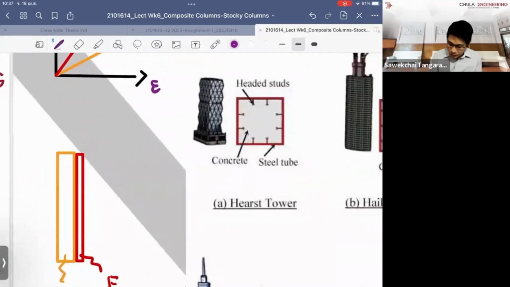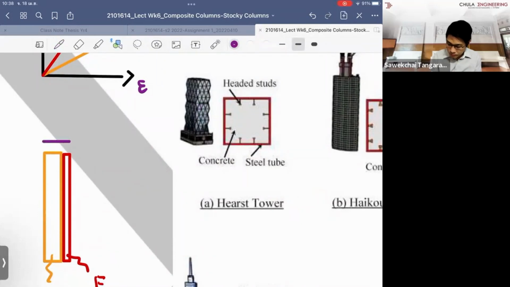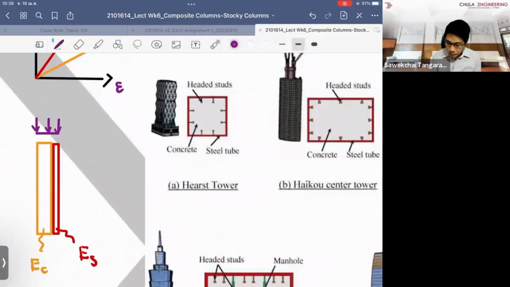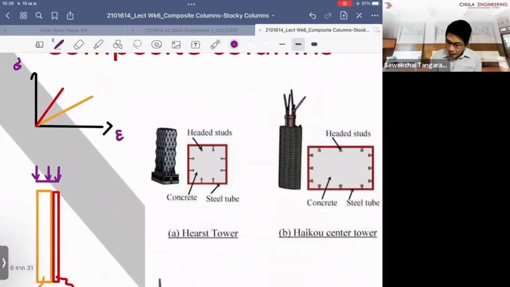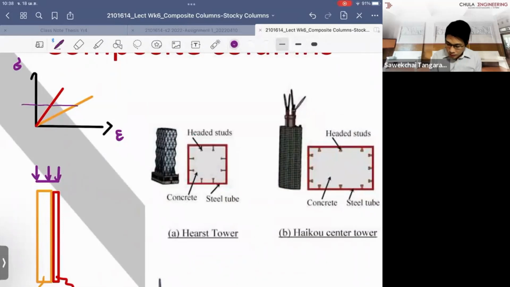If we have similar uniform forces applied to concrete and steel, with the different value of the elastic Young modulus, with the same value of the force, it gives the same values of the stress, right?